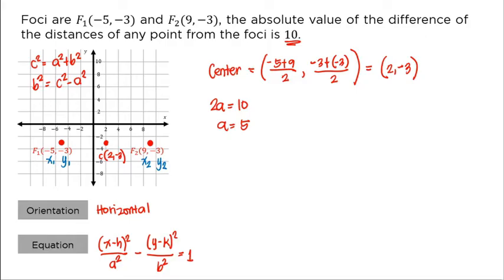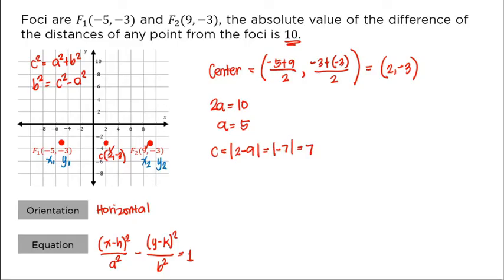So we can solve for c by getting the absolute value of the difference of the x coordinates of these two points. So we have 2 and 9. Just take the difference: 2 minus 9 is equal to the absolute value of negative 7, which is 7. So we now have the value of c.